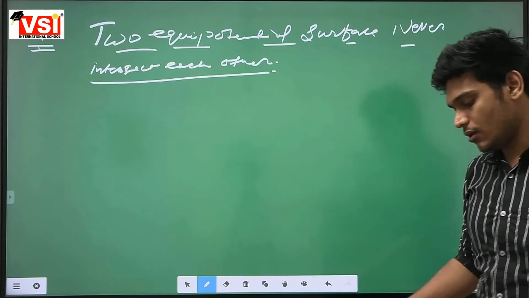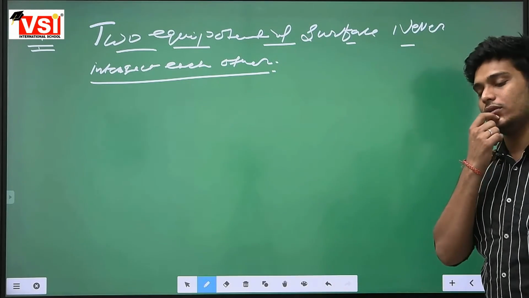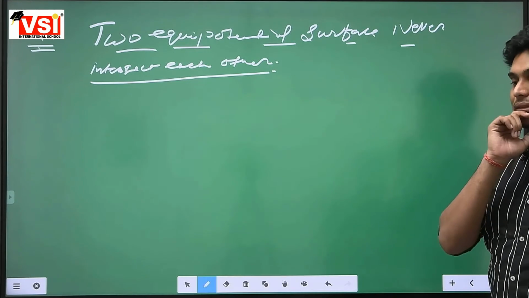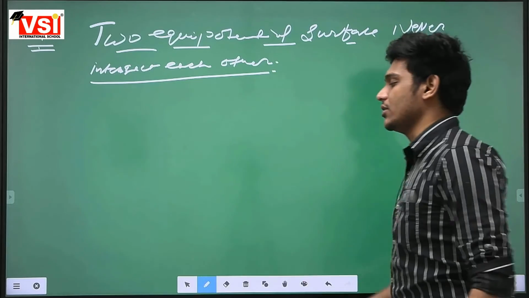Why? This result is also observed in our last topic, that was electric field lines. We also stated that two electric field lines never intersect each other.